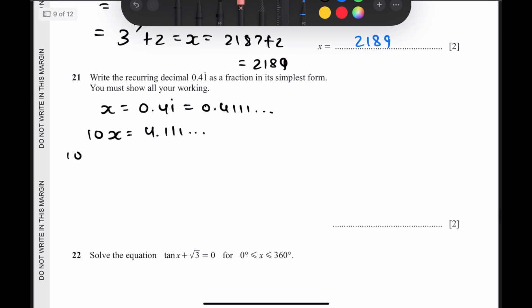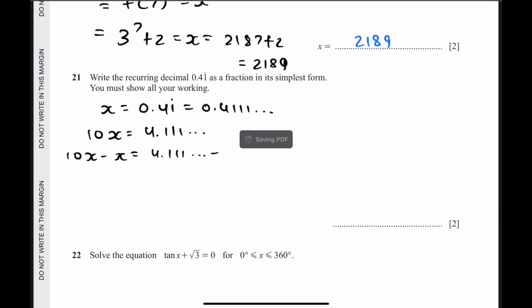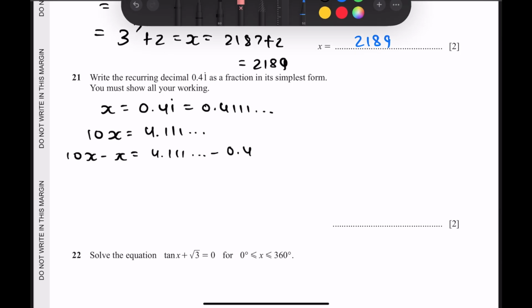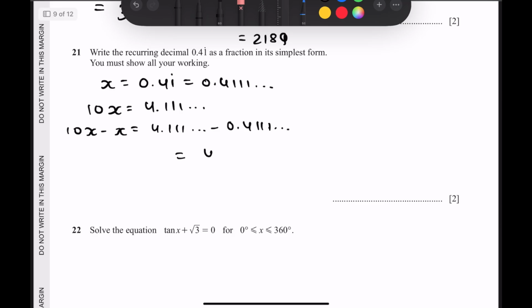So if we do 10x minus x, this is equal to 4.111 and so on, minus 0.4111 and so on. If I just take the first few decimal places, any subsequent ones will get cancelled off, since this goes to infinity and that goes to infinity. Therefore, I'll only take a few decimal places just in case.